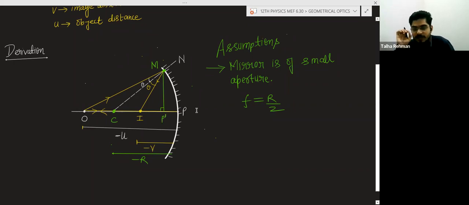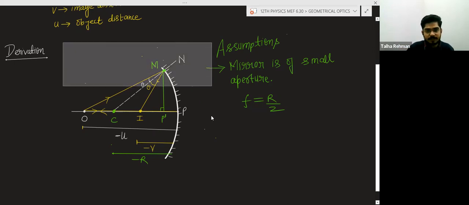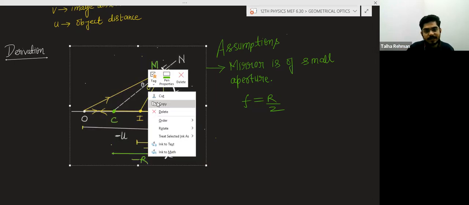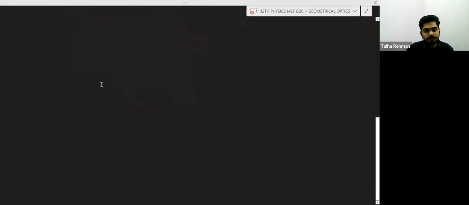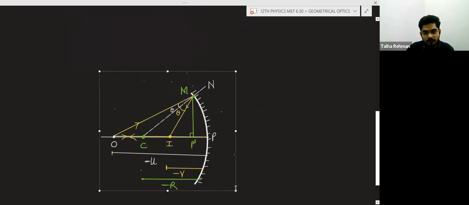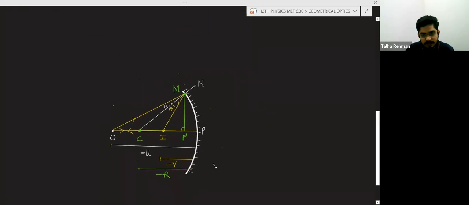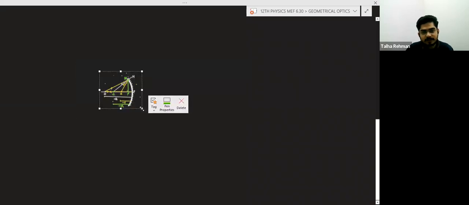Now there is one more assumption. If the aperture of this mirror is very small, then P dash and P will be very close. Like this you can see, if the aperture becomes very small, this distance between P and P dash is decreasing.